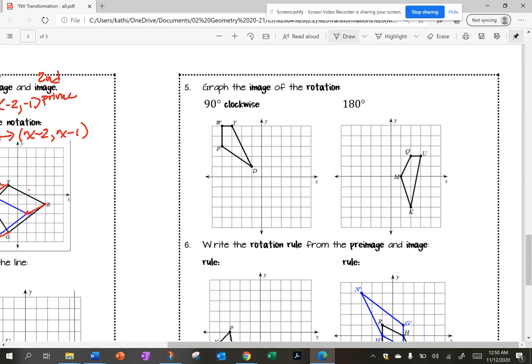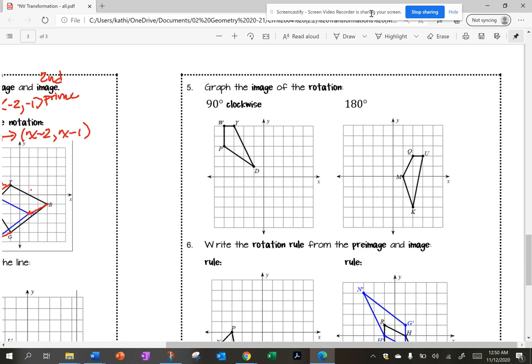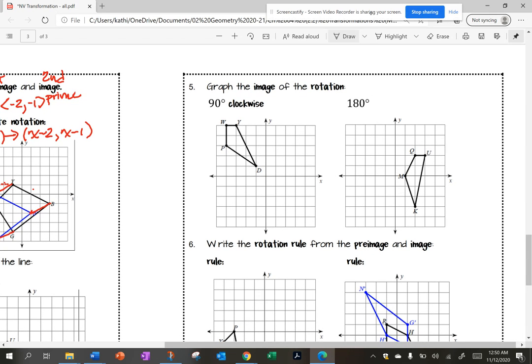Let's graph the image of the rotation. So this one's saying I want to go 90 degrees clockwise. So clockwise, I'm going to turn my paper one turn this way. So W prime, this is now my new X plus, and this is my Y plus.